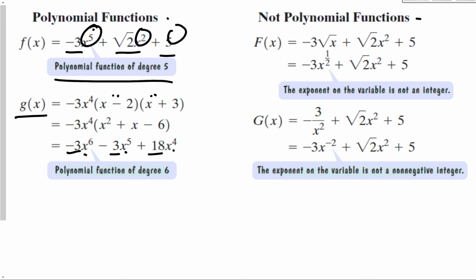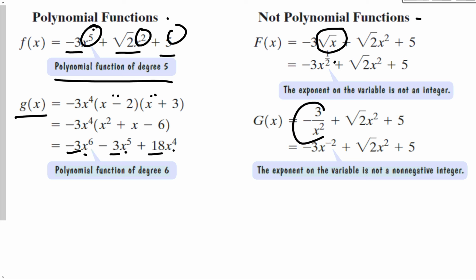So what's not a polynomial function is this capital F of x, okay? And it's not a polynomial function because of this term right there, the square root of x. When I write that in exponential form, that's x to the 1/2 power, and that is not an integer. So I cannot have variables with non-integer exponents.